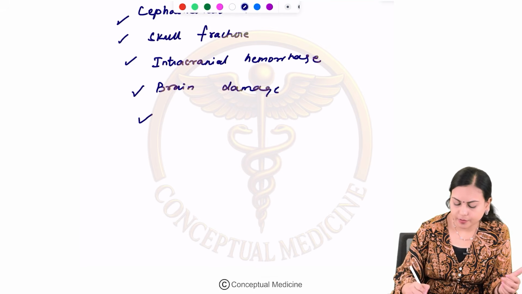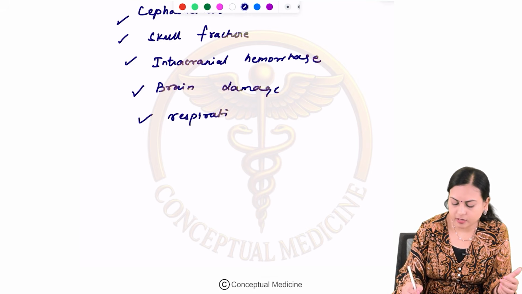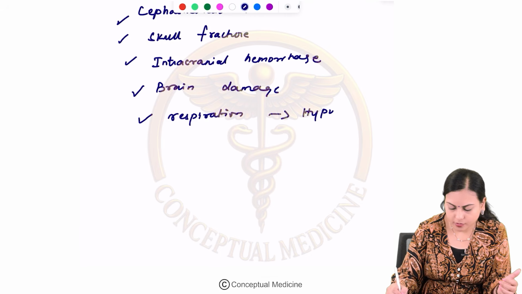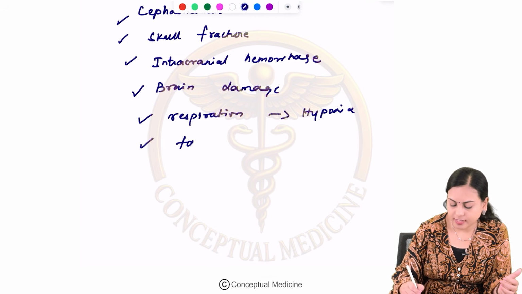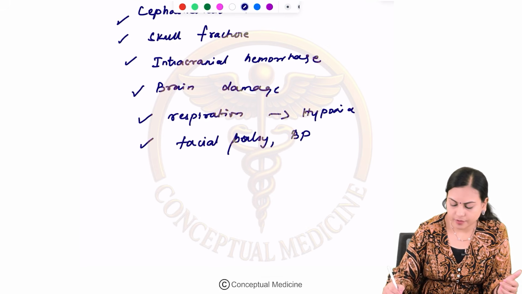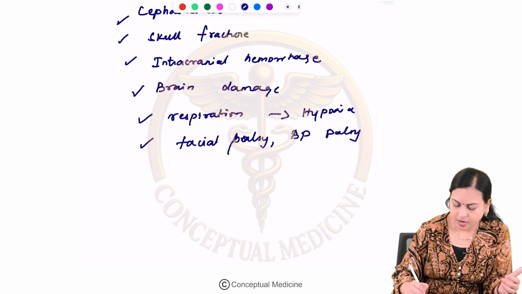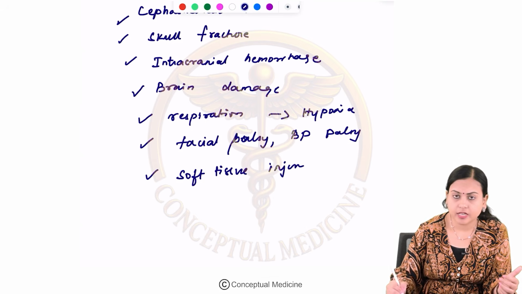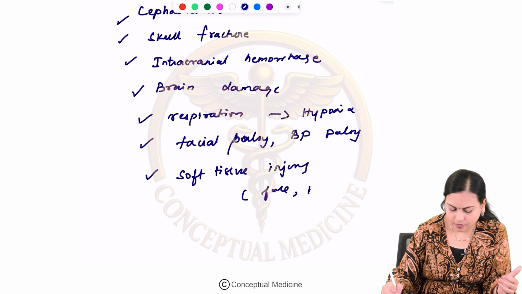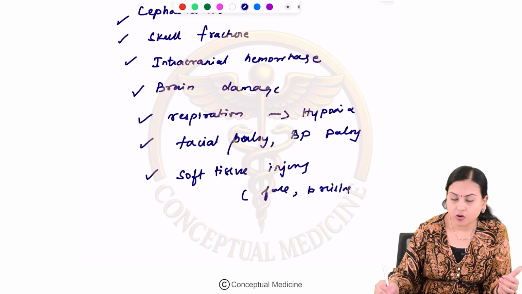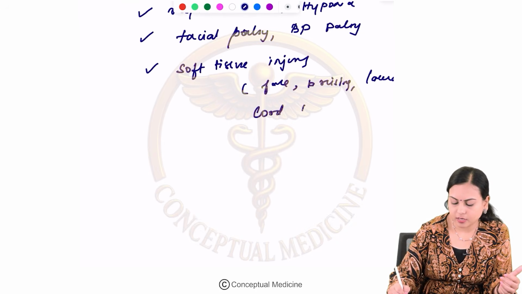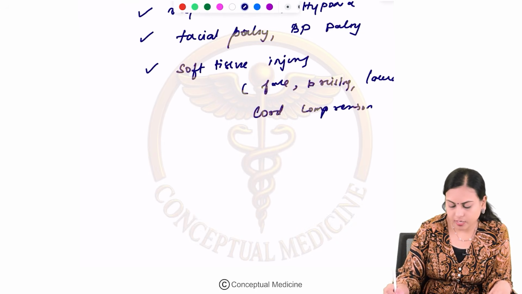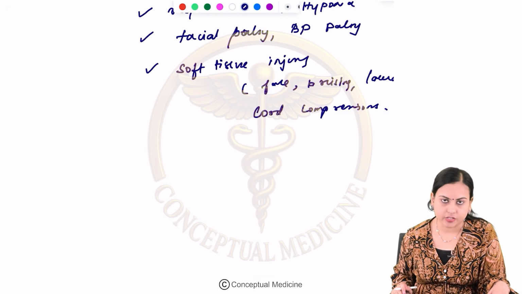There can be marked depression of respiration and that can even result in hypoxia, facial palsy, brachial plexus palsy can also be expected, and there can be soft tissue injury including the face, that is there can be bruising or laceration, and cord compressions can also be there. Okay. So, these are some of the fetal morbidity conditions, right.